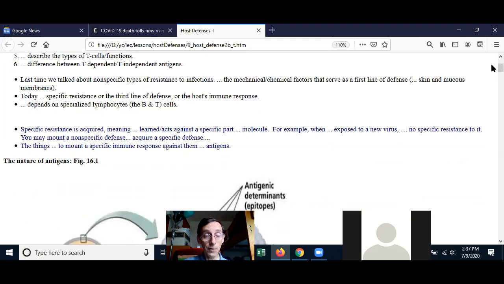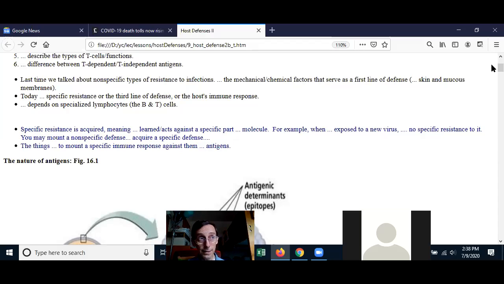Okay, the last time we talked about the non-specific types of resistance of the body to an infection. We mentioned that there are different mechanical and chemical factors that serve as the first line of defense, and that involve the intact skin, the intact mucous membranes, and then the secretions, actually both by the skin and the mucous membranes.